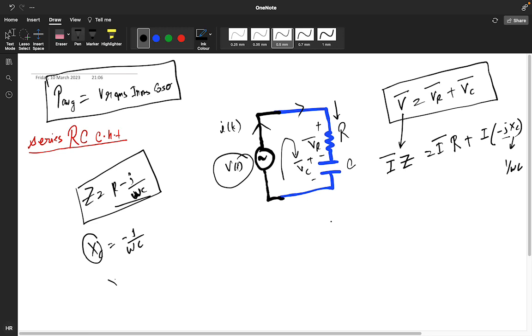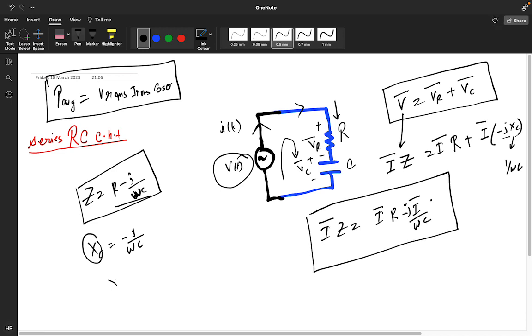So you can write like this also: I phasor Z is equal to I phasor R minus I phasor into J by omega C. Okay, this part is clear?